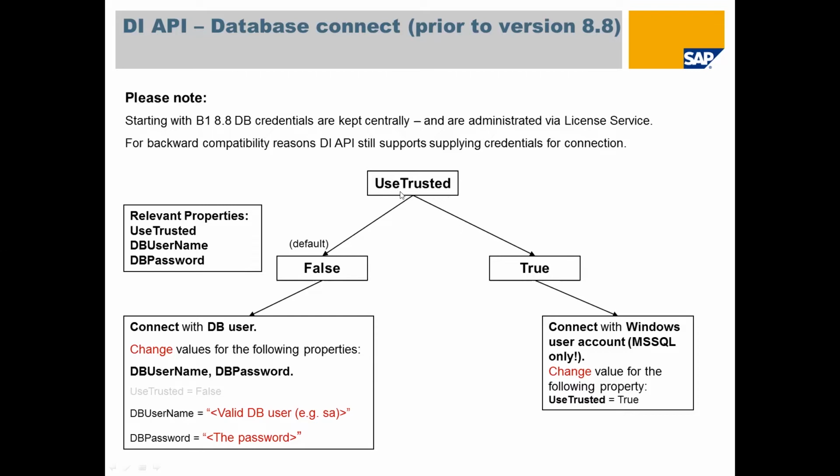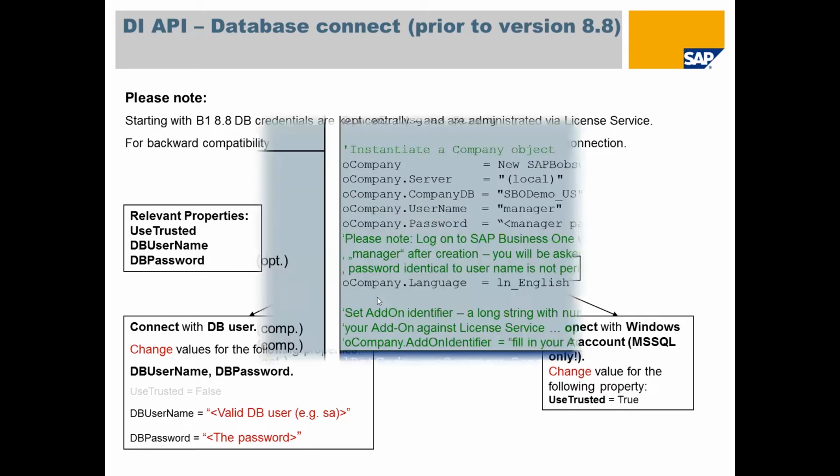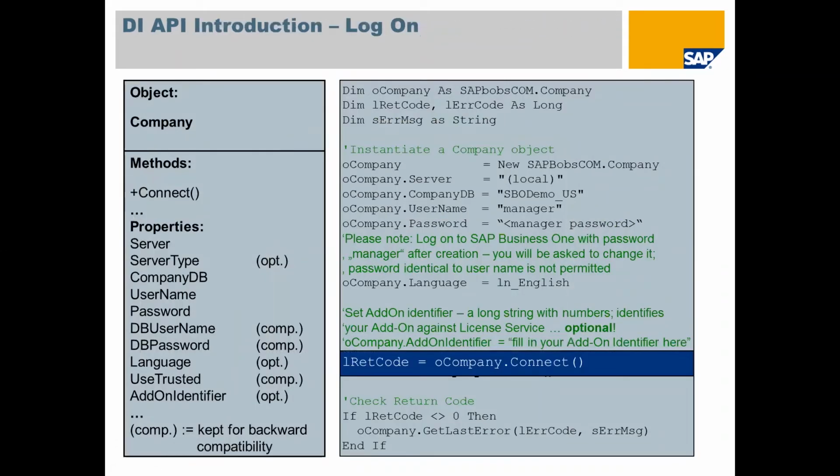But by default, the API uses UseTrusted equals false. If UseTrusted equals false, you need to supply the DB username and the DB password. In the next slide, we can see the code for the logon.